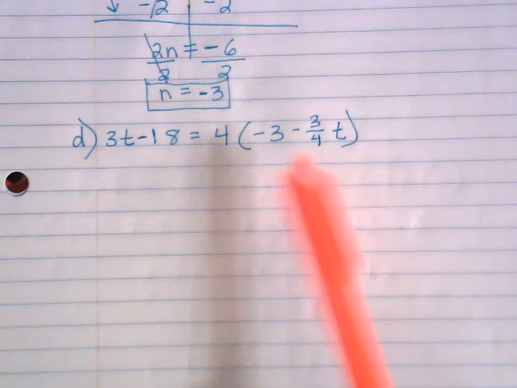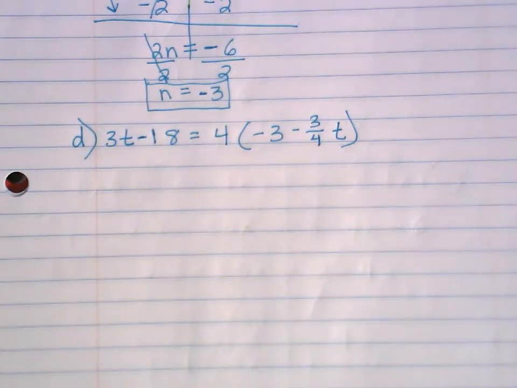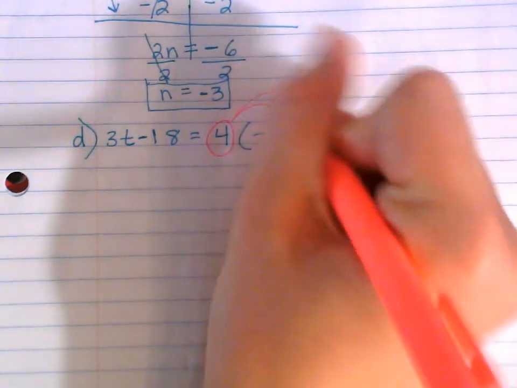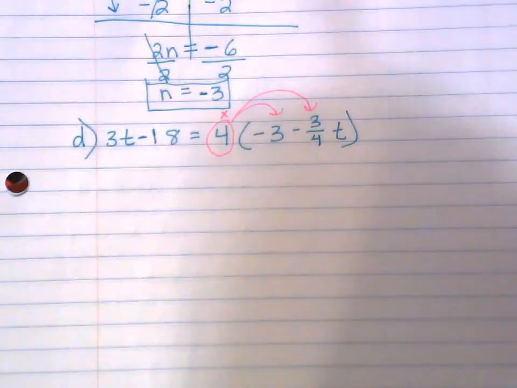You're not going to be able to combine what's in the parentheses, and there's not exponents. So the same step, it's just get rid of this parentheses by distributing, by multiplying.